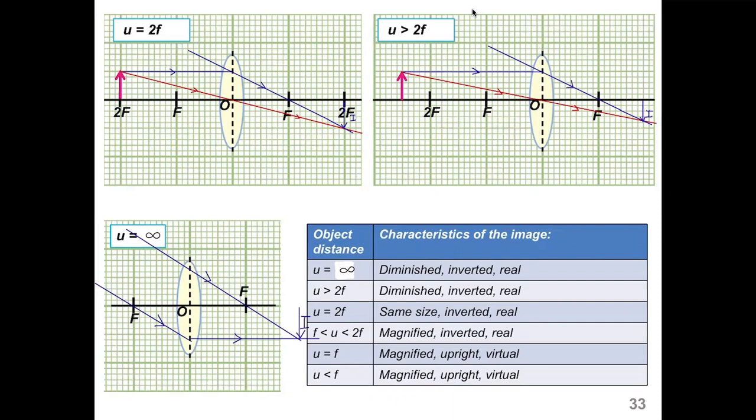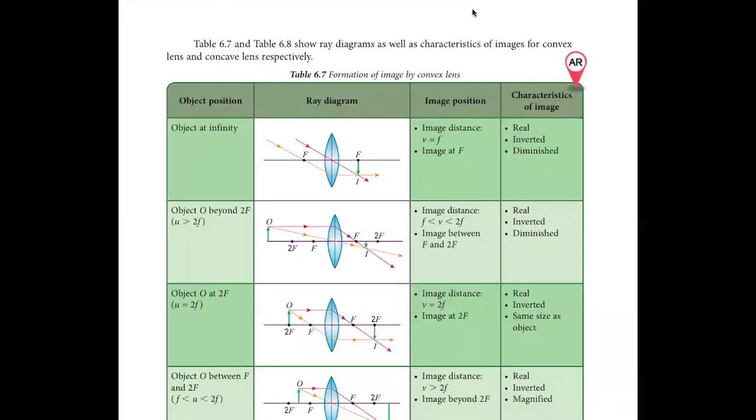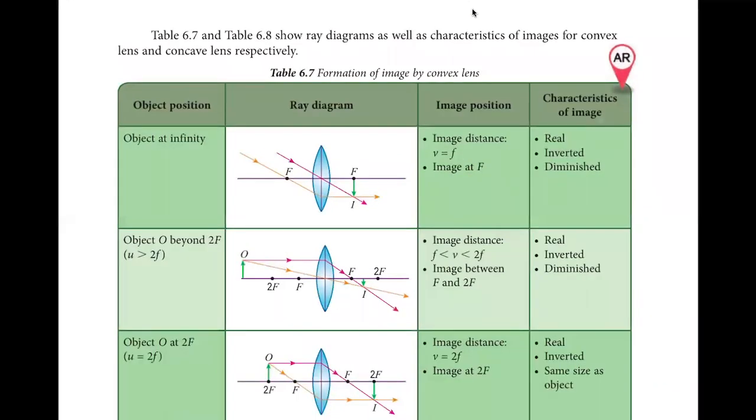Let's see the characteristics of the image. This is the summary of all the formation of images by the convex lens. The first one is when the object is at infinity, which means it is far away.